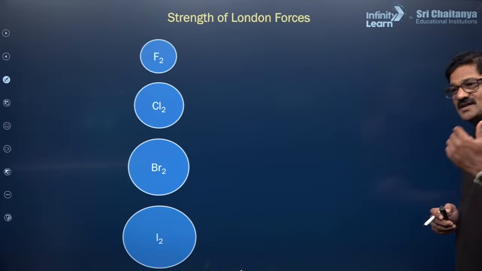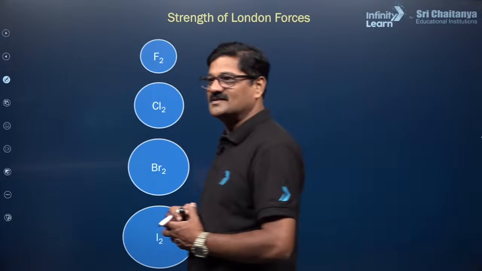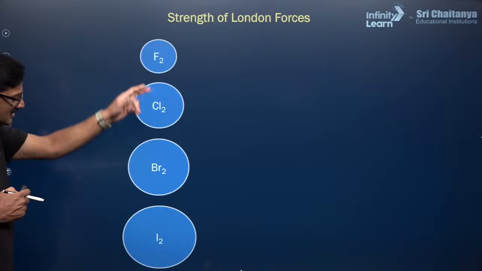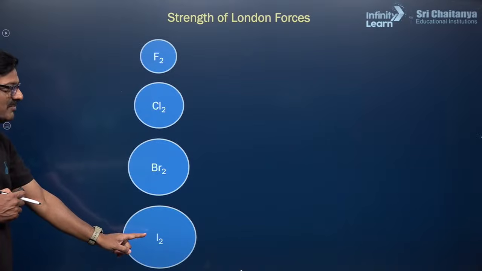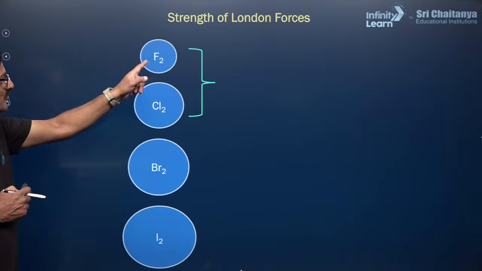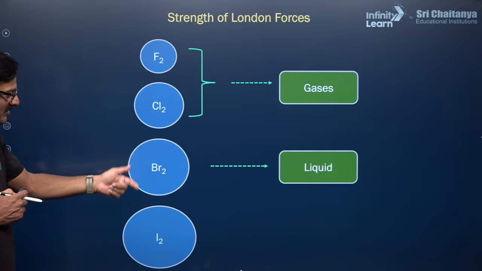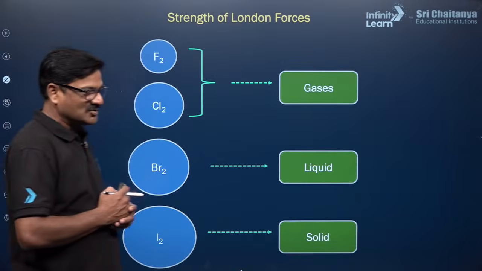As the size increases, the intermolecular force increases and the London dispersion force increases. Iodine has the maximum London dispersion force. That's the reason fluorine and chlorine are gases, bromine is a liquid and iodine is a solid.